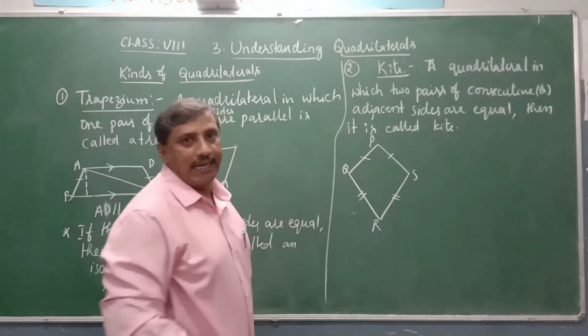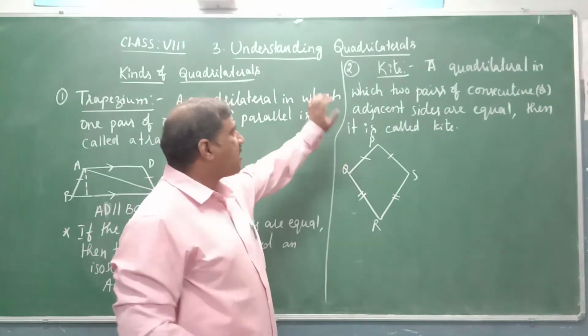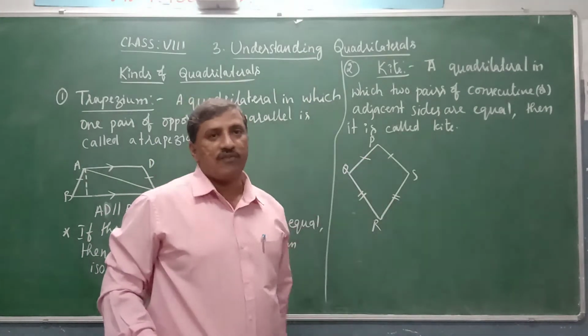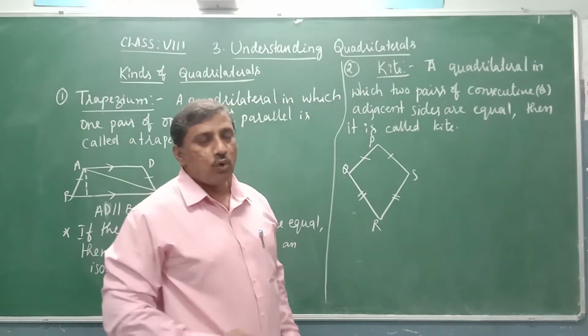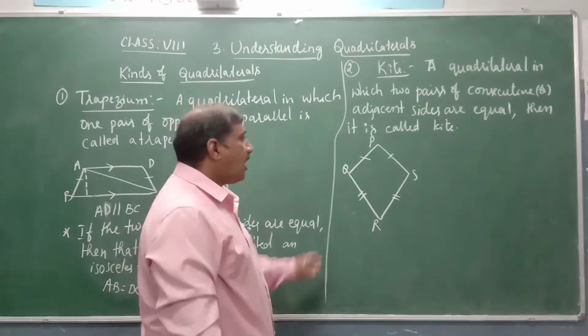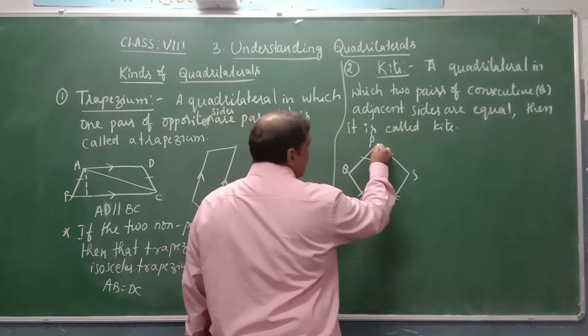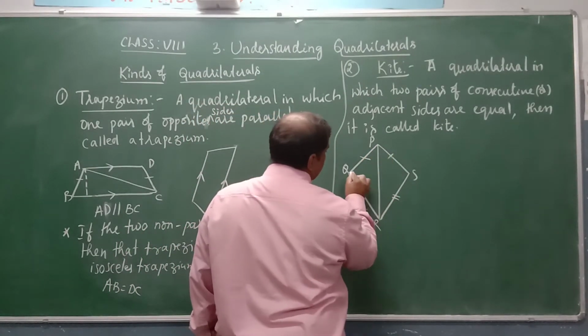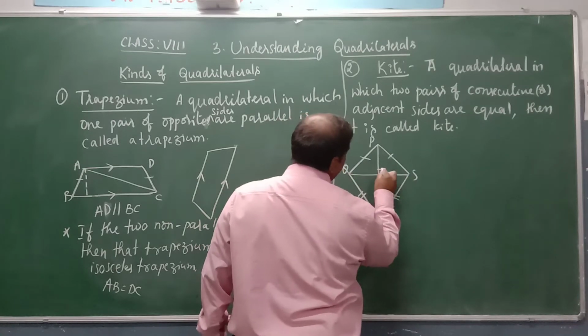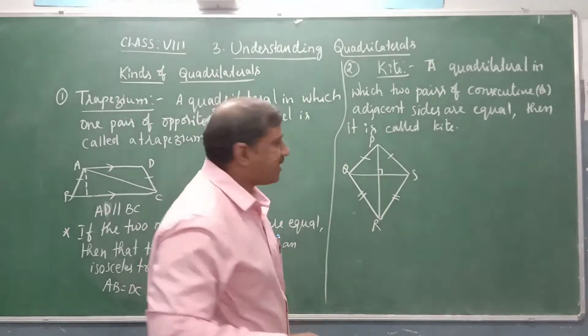So the property of a kite is that two pairs of adjacent sides are equal. Now what about the diagonals? The two diagonals are perpendicular to each other.